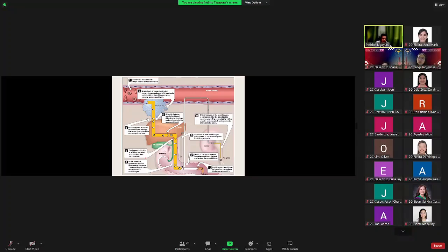Your conjugated bilirubin will then go to the gallbladder through the biliary tract as a part of the bile.